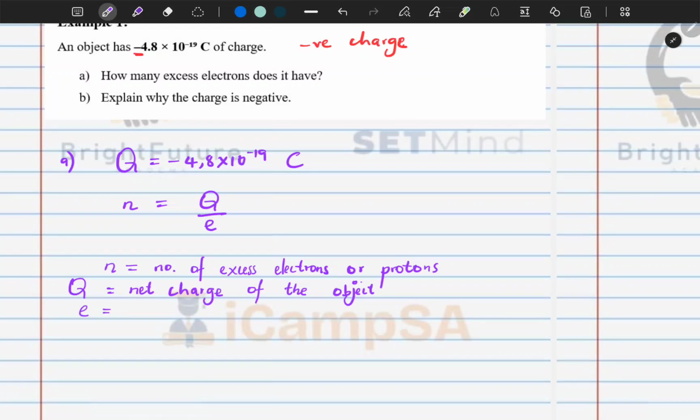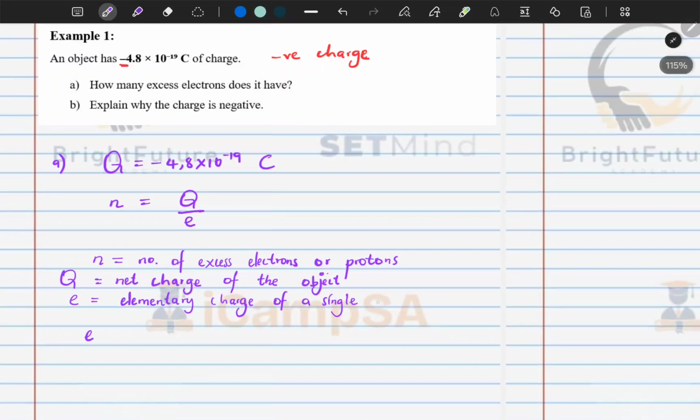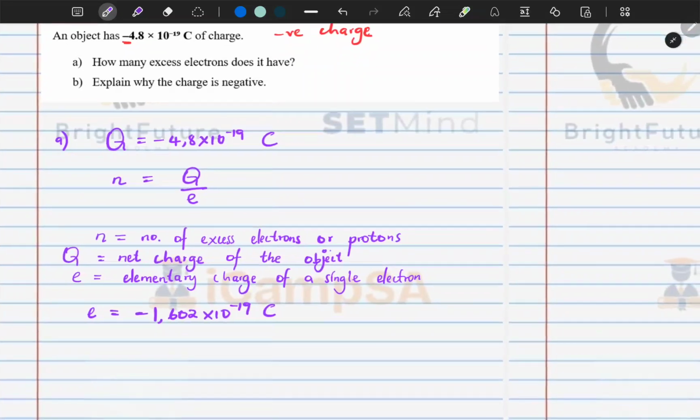So E, if we're talking about an electron, is given as minus 1.602 times 10 to the power minus 19 coulombs.